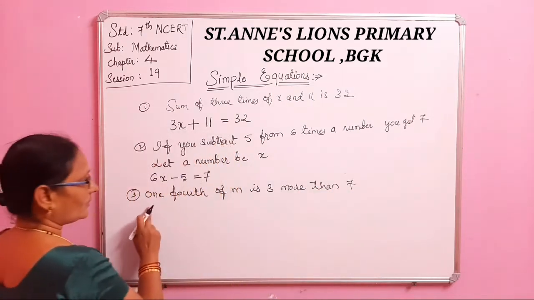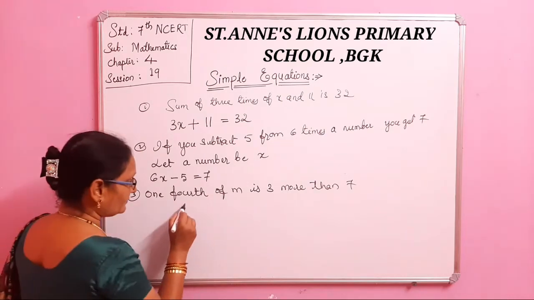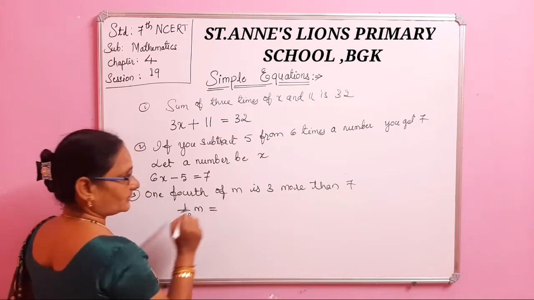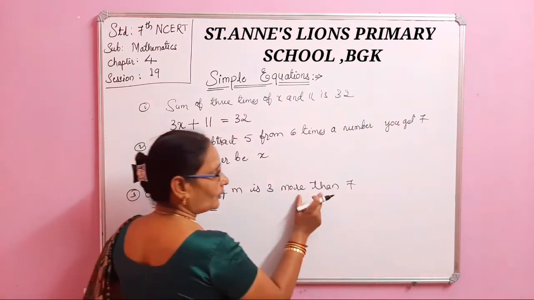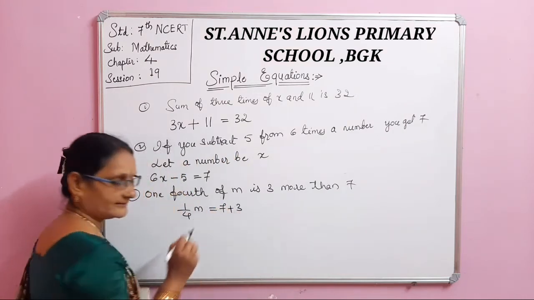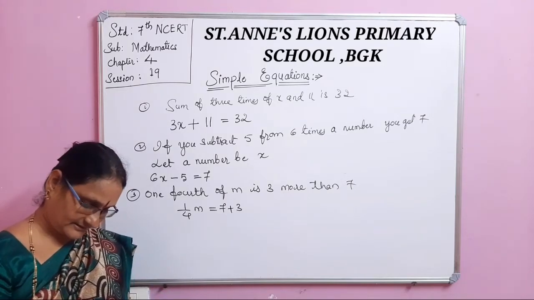See here, 1/4 of m. 1/4 of m means 1/4 into m is equal to 3 more than 7. That means 7 plus 3. 3 more than 7 means 7 plus 3.